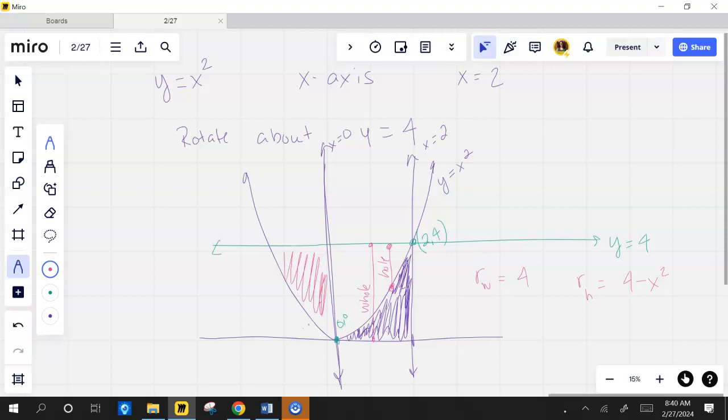Okay, we're not going around the y-axis, we're going around the line y equals 4. And y equals is a horizontal line. So I'm rotating around a horizontal line. So that's, no, it's just normal.